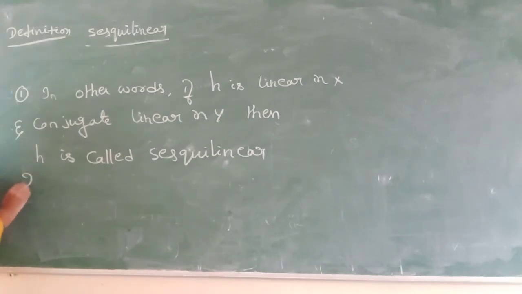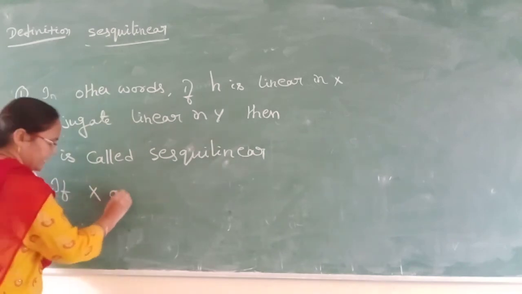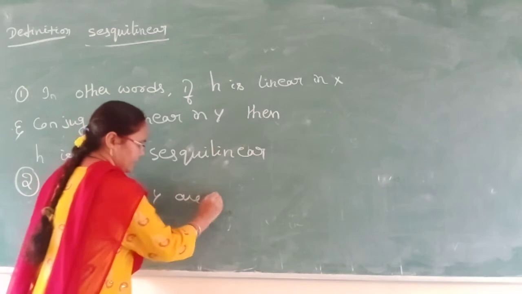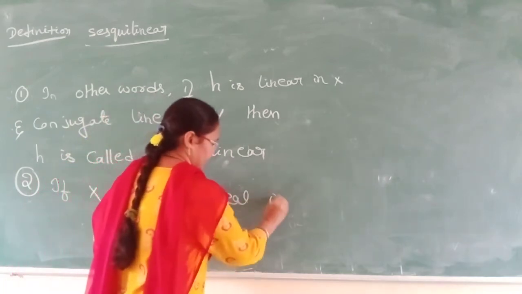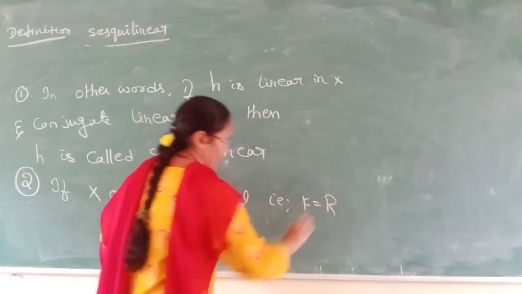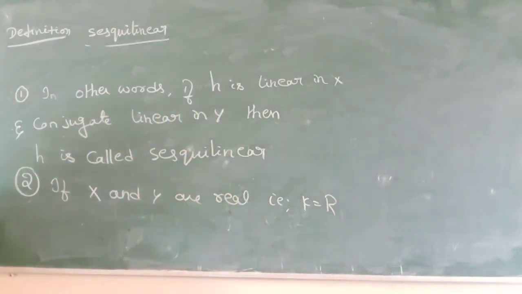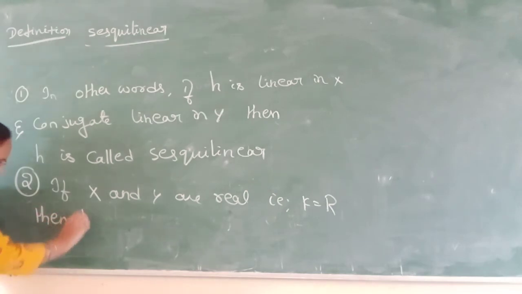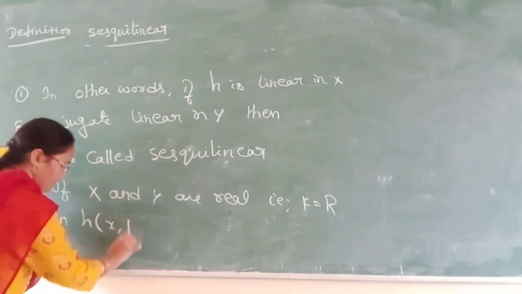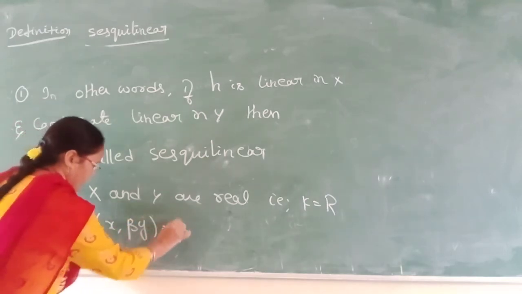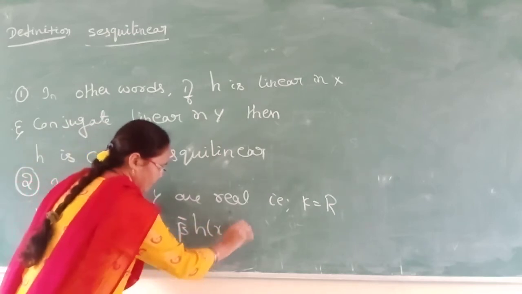Second one is, if capital X and y are real vector spaces, that is, k is equal to r, the field k is also real, then h of x comma beta y is equal to beta into h of x comma y.